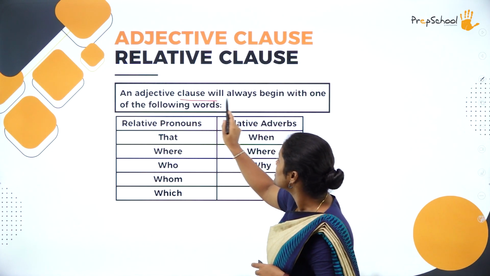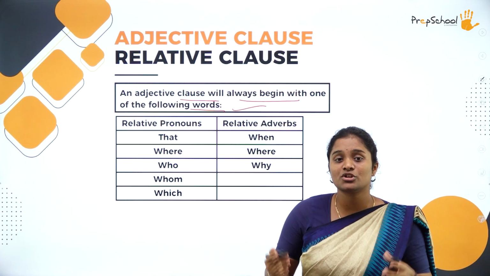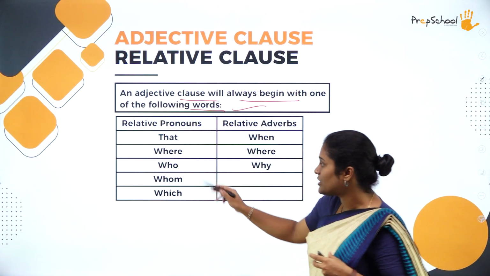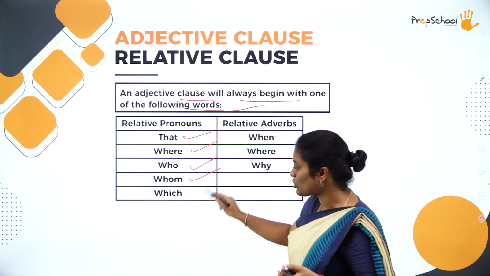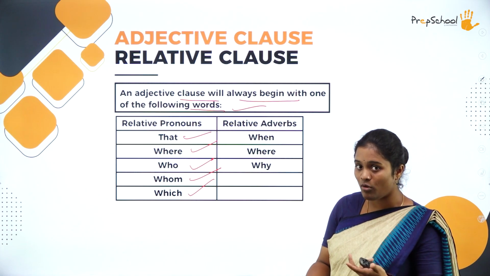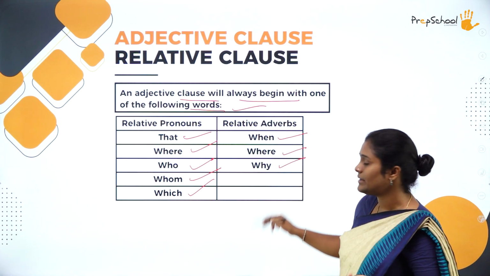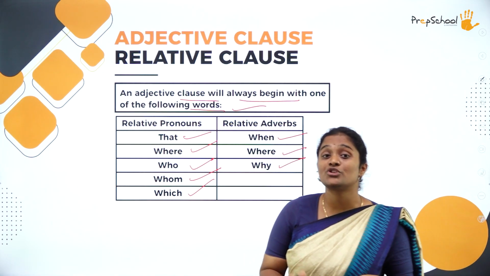An adjective clause will always begin with one of the following words. Chances are that the adjective clause usually begins with these words: that you saw, where we were, who you met, whom you were talking about, which place we wanted to go to, when I said so, all of these things, where, why. Usually these are the words with the help of which an adjective clause begins.